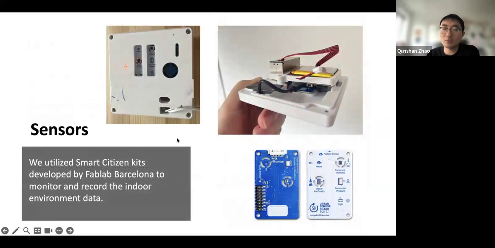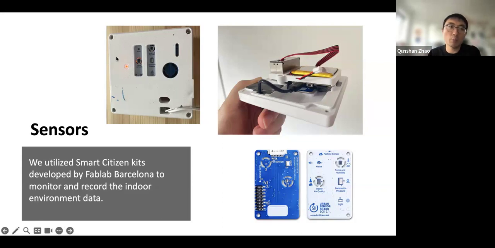So this is the sensor we use. In this second round, we decided to retire our UBDC self-made sensors and use the Smart Citizen Kit developed by the social enterprise FabLab Barcelona. You can see that the sensors are created on two hardware boards, with a battery, and the PM sensor is connected outside.